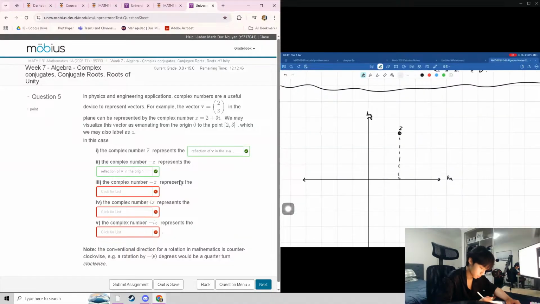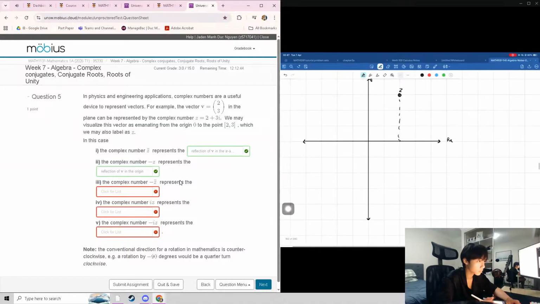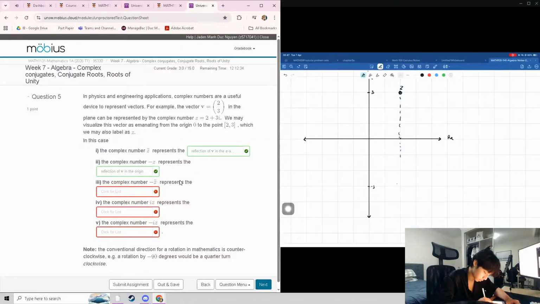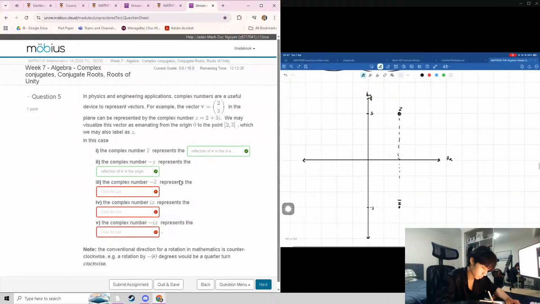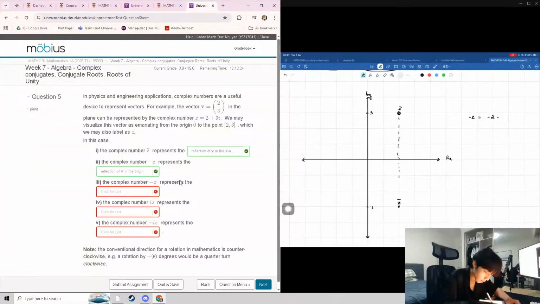All right, this is 3. So this is z complement. Minus z is equal to minus 2 minus 3.